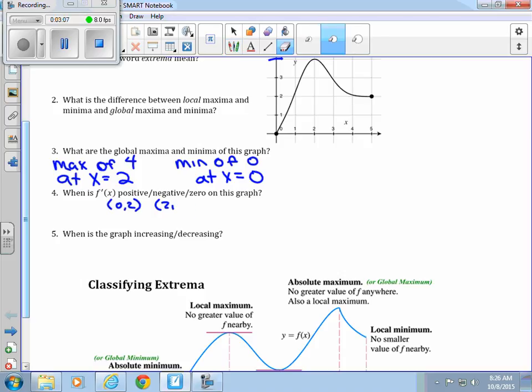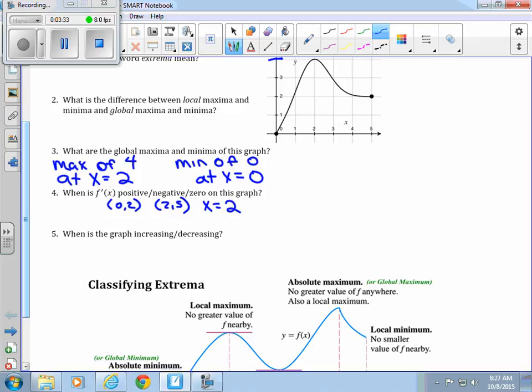And when is it 0? At the point x equals 2, right? Only at the point x equals 2. Because we go up, we stall for a second, get that horizontal tangent, and then we go down. So the slope is 0 at x equals 2.